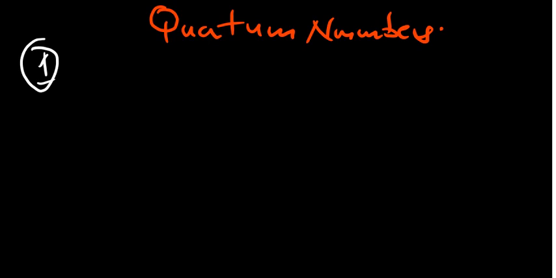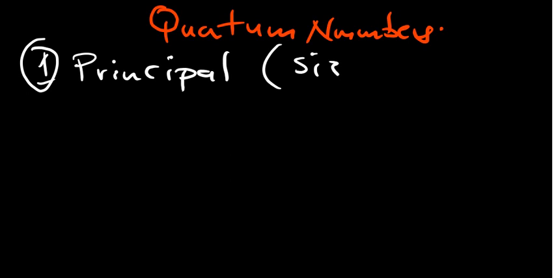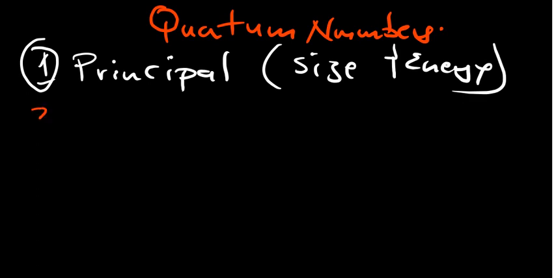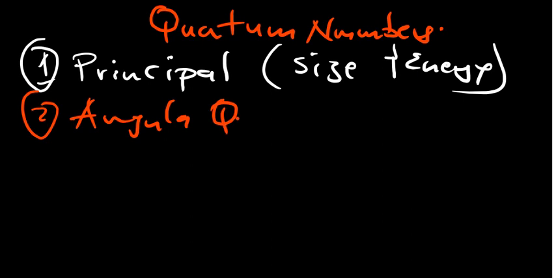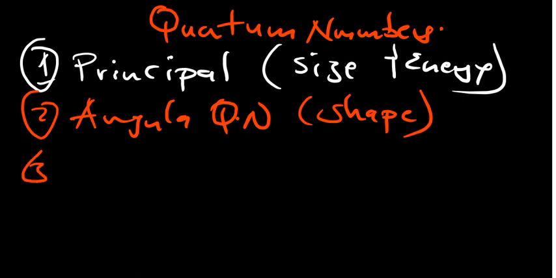Numbers there are four. We have the principal quantum number, which represents the size and energy. We have the angular quantum number, which represents the shape. The magnetic quantum number, which represents the orientation. I'm not sure of that, but I think it's orientation.